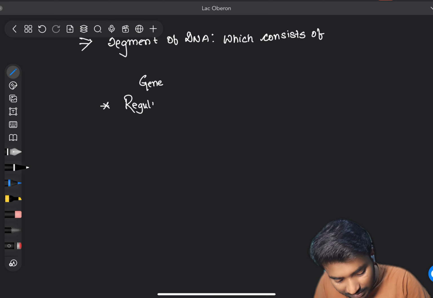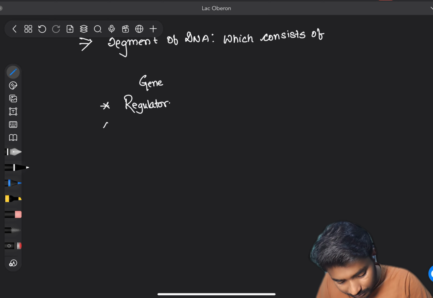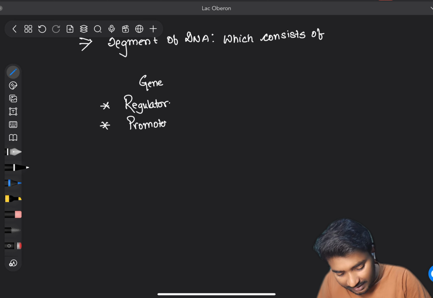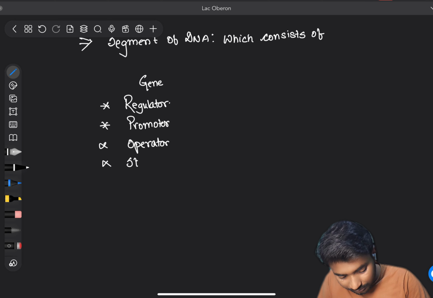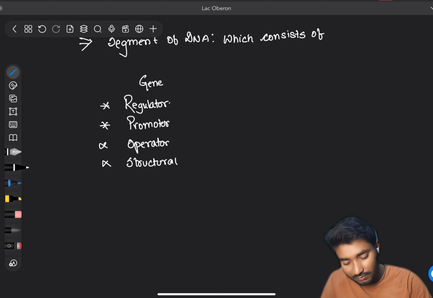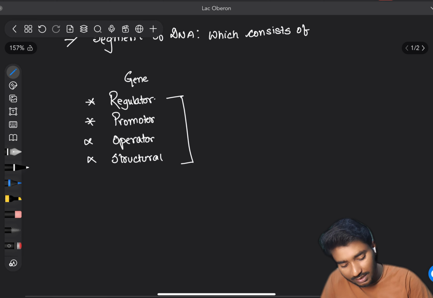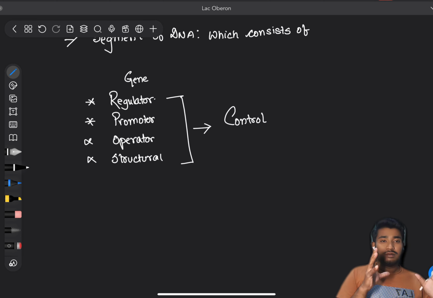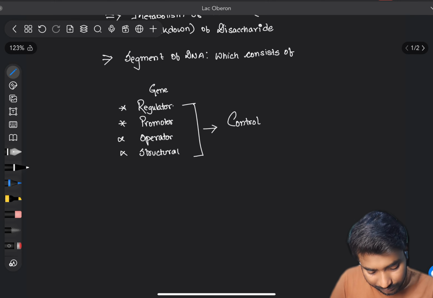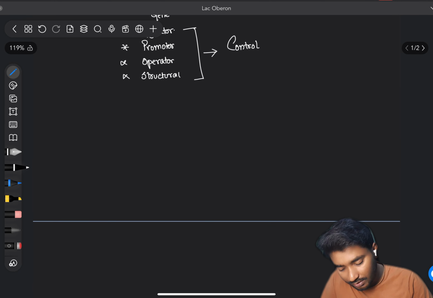These four parts generally control the total concept.